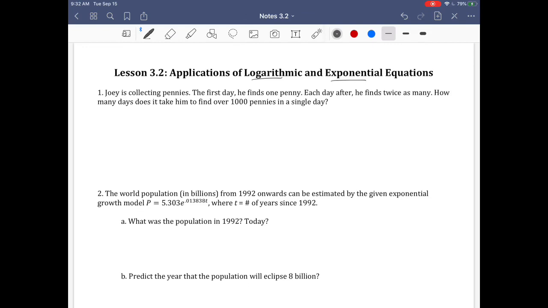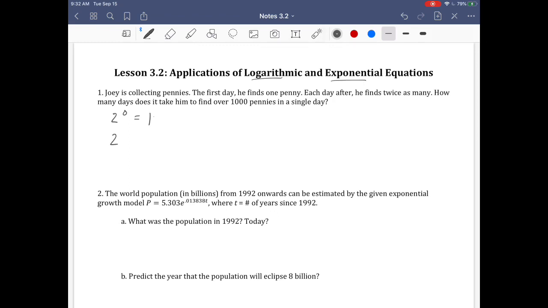So in this first problem, Joey is collecting pennies. First day he finds one. Every day after he finds twice as many. So what you can think of is on the first day, he finds 2 to the 0th.